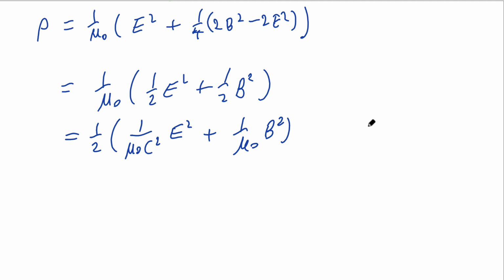But the speed of light is related to the permeability of free space and the permittivity of free space, that's epsilon naught, by this relation. c squared is 1 over mu naught epsilon naught. So this is permeability, and this is permittivity.